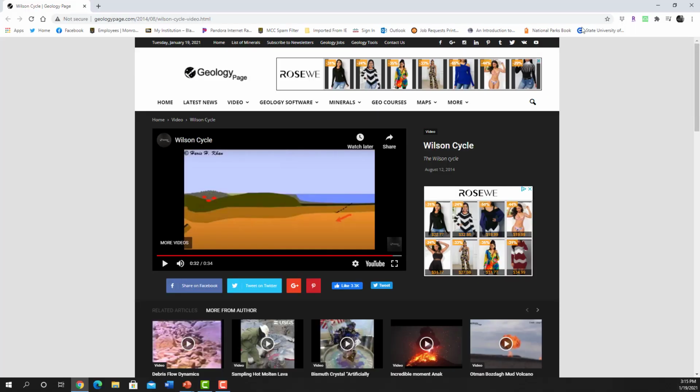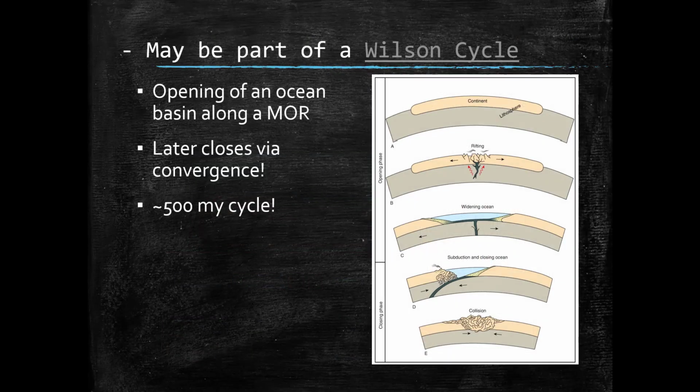It's not always the same, as we'll see in the next slide. So the Wilson cycle is also connected to supercontinental cycles, so that you have supercontinents like Pangaea, for example, and they break apart. And you have the opening of an ocean basin, and eventually that ocean basin closes, and the continents come back together and create the next supercontinent. So let's see what that looks like in North America.